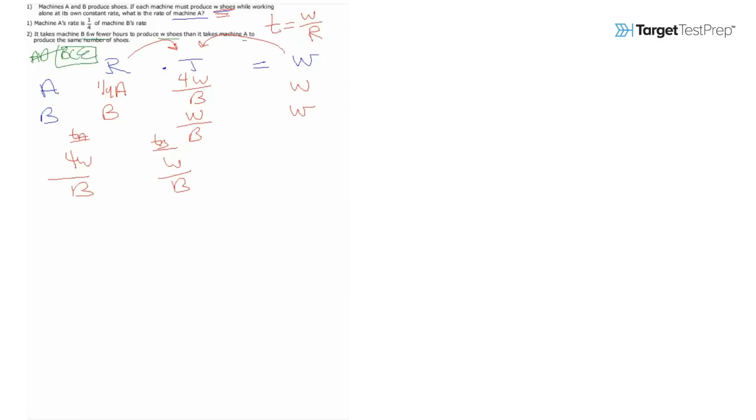It just gives us a relative relationship between the time it takes machine B to produce the shoes and the time it takes A. But there's a lot of things that could be there for W. So most of you, I think not all of you, can see that statement 2 is just not going to yield anything fruitful for us.